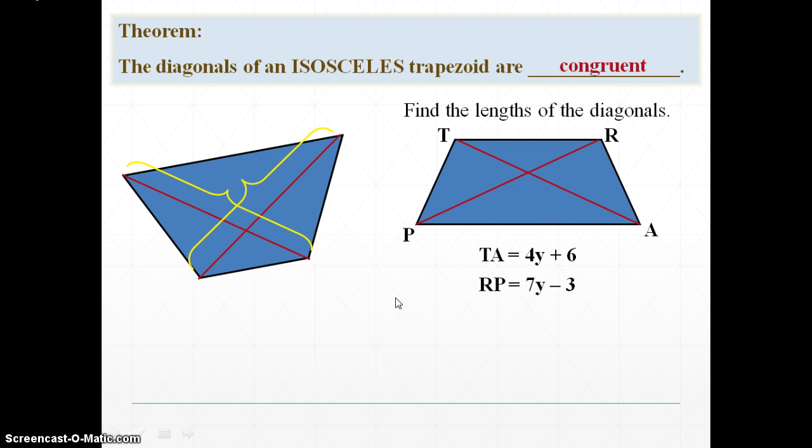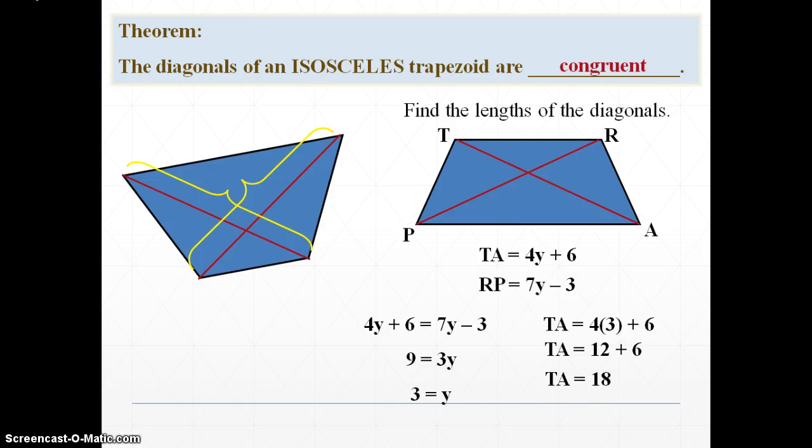This is an isosceles trapezoid, so I'm going to set those equal and get that y is equal to 3. Then I have to plug that in to find the lengths for the diagonals. So I plug in 3 to get that TA is 18, which means that RP is also going to be 18 because they're congruent.